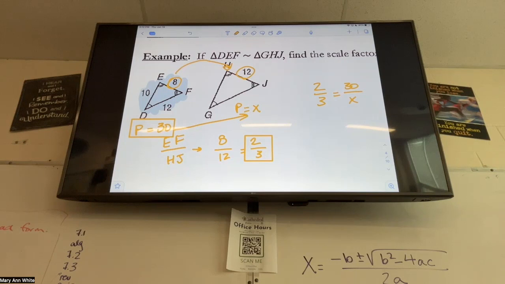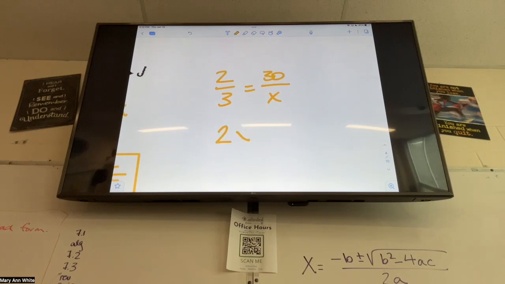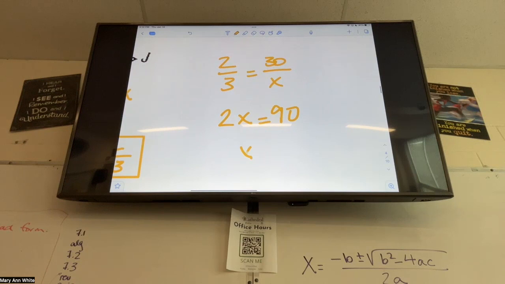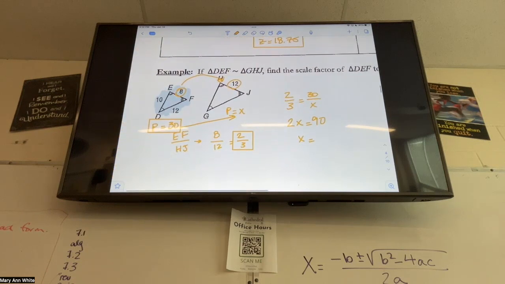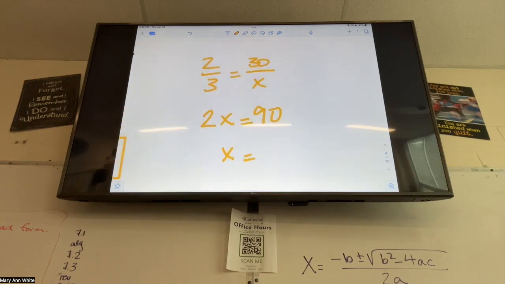All right, how do we solve? Let's multiply. You can simplify first. I don't know if we can really simplify this one. Like 3 becomes 1, 30 becomes 10. That is an excellent point, Grace, but you cannot cross cancel across the equal sign. I just want you to straight multiply.